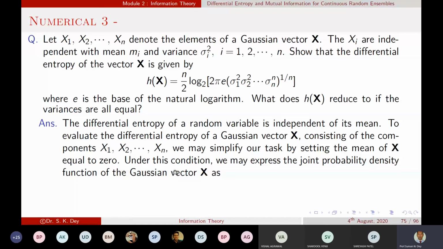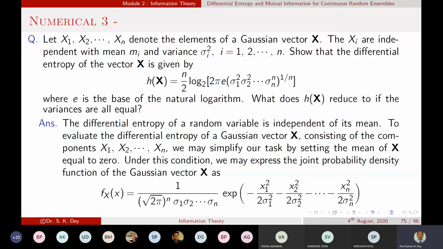Under this condition, we may express the joint probability density function of the Gaussian vector x. So the joint probability density function f of x is equal to this. This is the expression for the Gaussian vector.